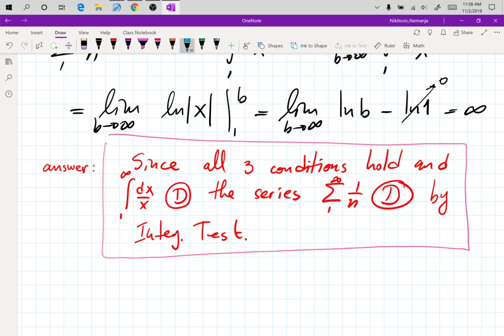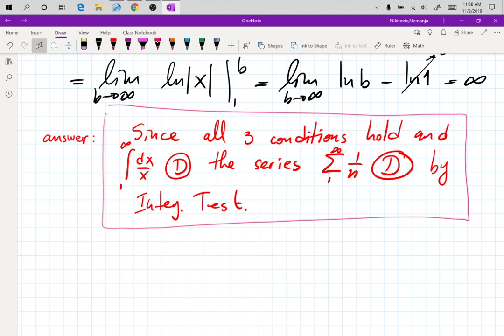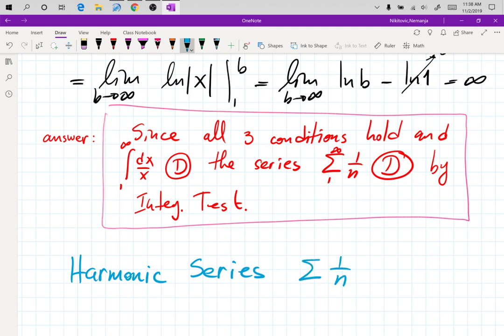Now I'm just going to write this definition. Harmonic series. We mentioned this last class, but summation 1 over n from 1 to infinity is divergent. This is a very useful thing to have.